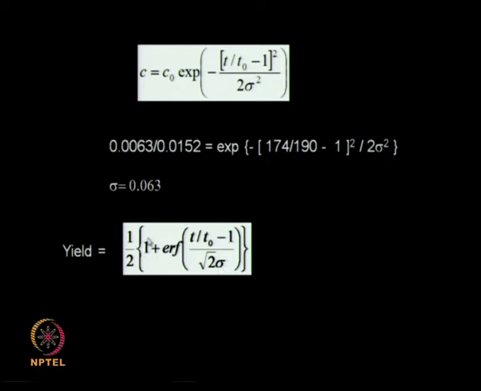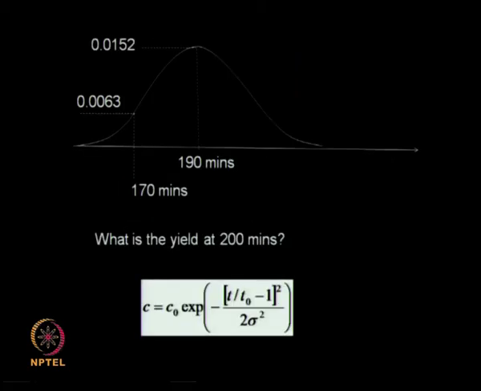This comes because we are collecting beyond the maximum. Okay, that means the yield, if you are collecting up to this, it is 0.5, and whatever is collected beyond is beyond 0.5. Okay, because we assume this particular curve to be uniformly distributed. So if I collect up to 190 minutes, the yield will be 50% or 0.5, and if I collect beyond 190 minutes, it will be 0.5 plus other term.